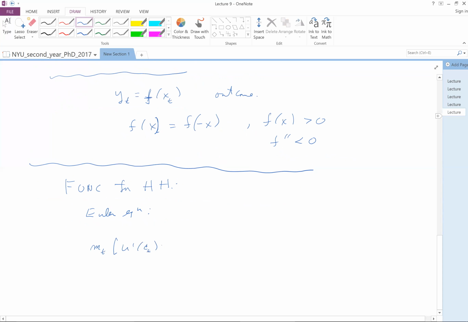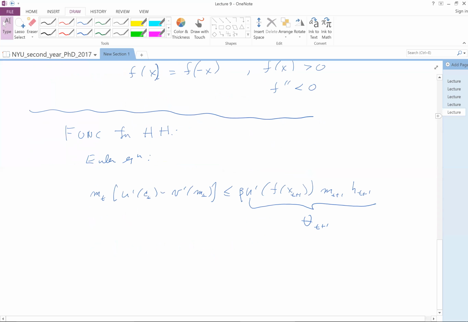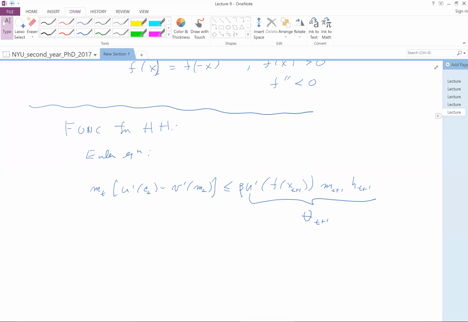So this is partly where we're going to go. We're going to call this object here theta t plus 1, following Chang. And this was equal if we were off corners.